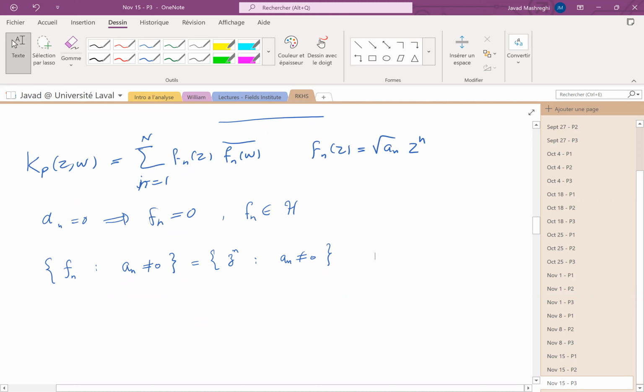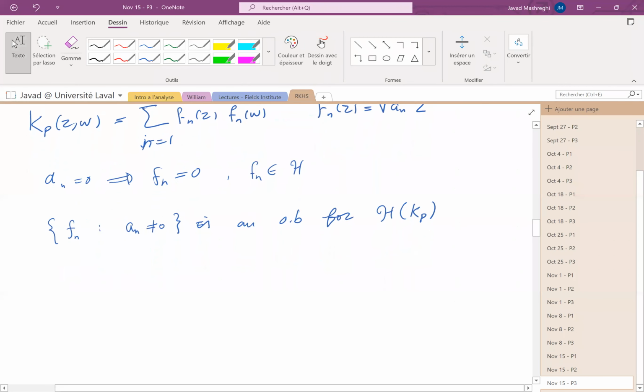This is a set, this one, better not to, because I want to have something normalized. I write it this way. This set is an orthonormal basis for H of Kp based on the above theorem. And also we can say that Zn is in H of Kp if An is not equal to 0.